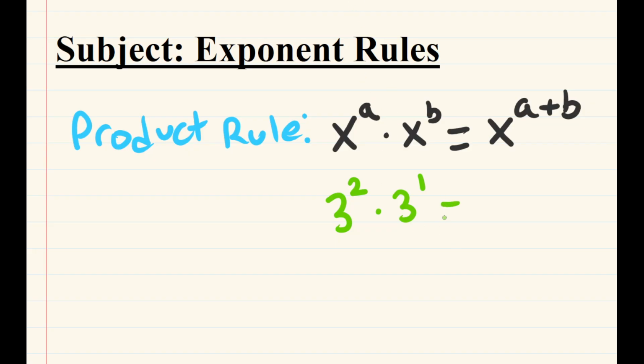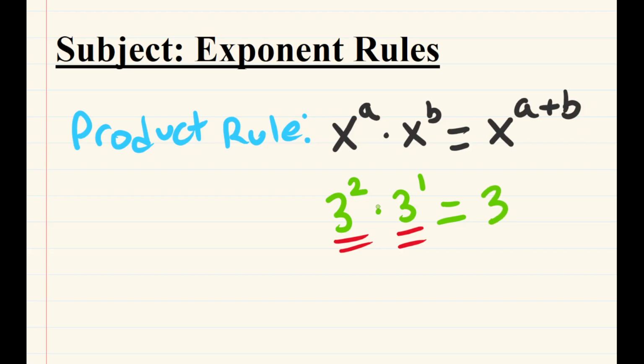But there's a way to do this with the product rule. We can recognize, hey, we're multiplying two numbers with exponents. The important thing is that they have to have the same base. They both have a base of 3. If they didn't have the same base, then the product rule wouldn't work. But in this case, they're both 3. So we could apply the product rule.